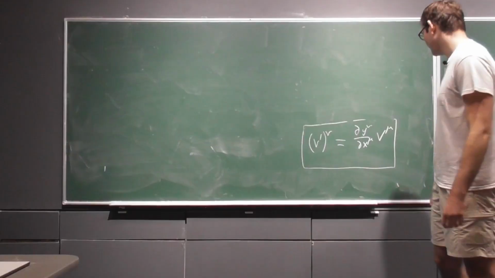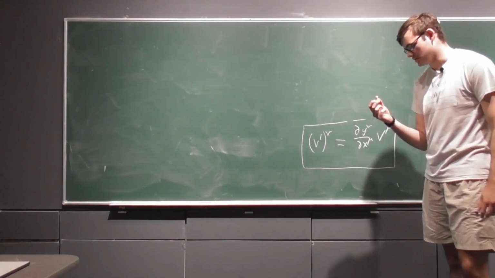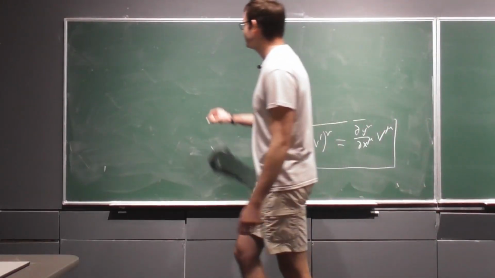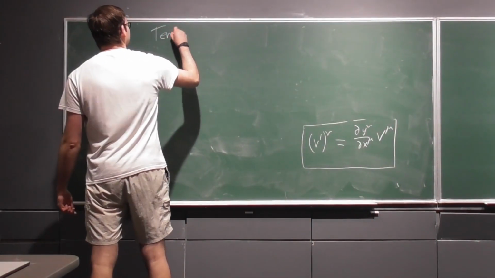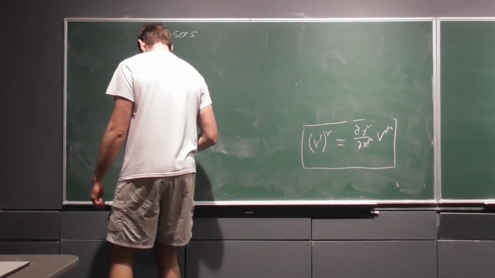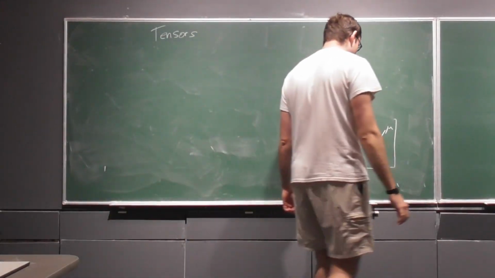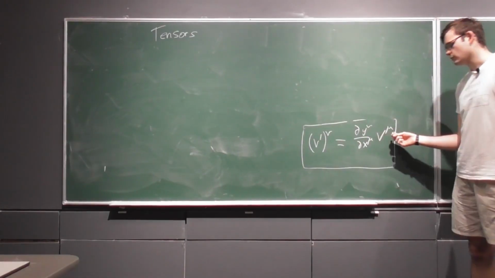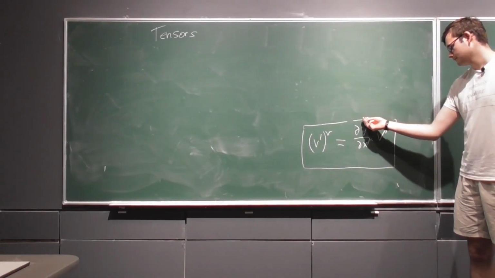Okay, so with this setup, we are now ready to talk about the main building blocks of general relativity, and that is tensors. So we have seen so far that objects with upper indices transform like this, all right?